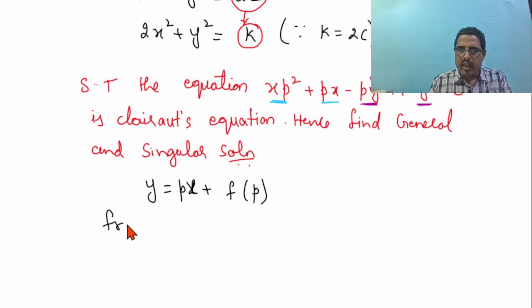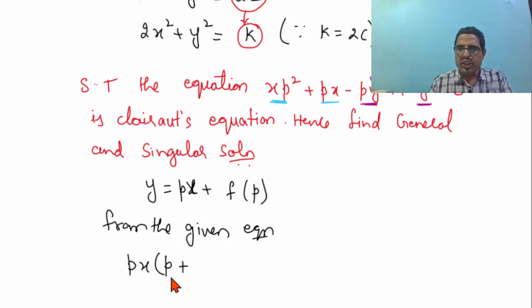From the given equation, I am taking px as common. If I take px as common, what is left out here? Only p is left out. x is there, so p into p will become p square. So px is taken common and p will be left out. Here px is already taken common, what is left out? Only 1 is left out.